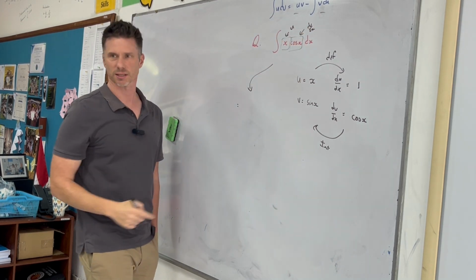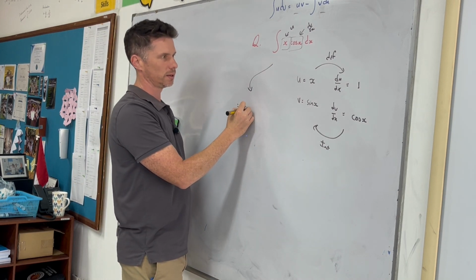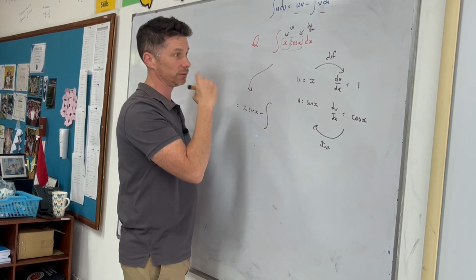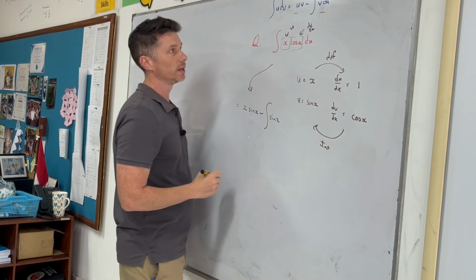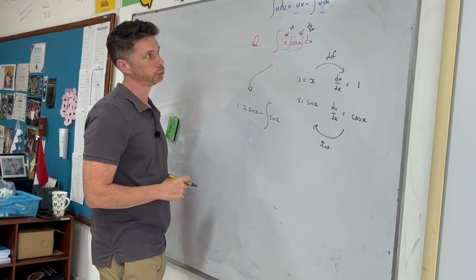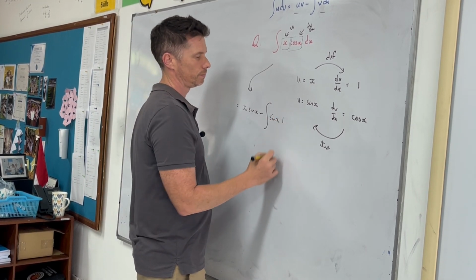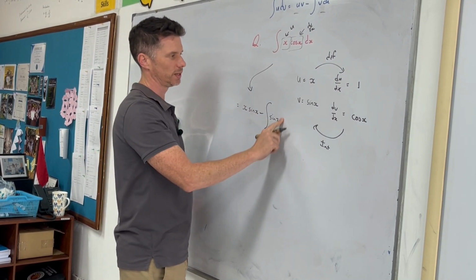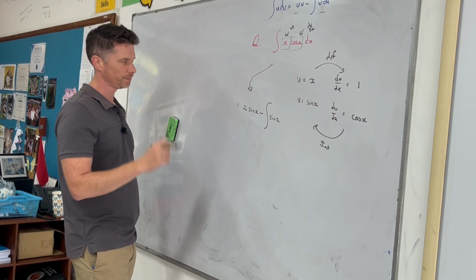So u times v, u is x, v is sine x, minus the integral of v, which is sine x again, times du dx, which is 1. So I can leave out the 1 here.